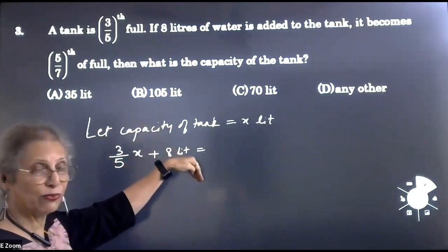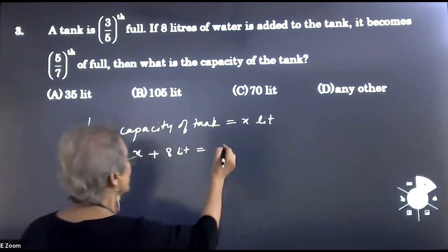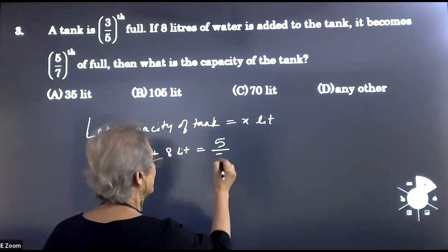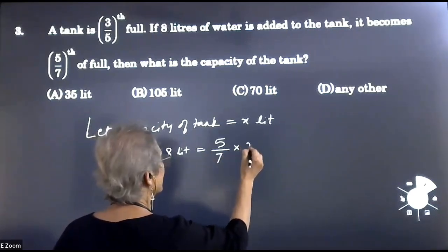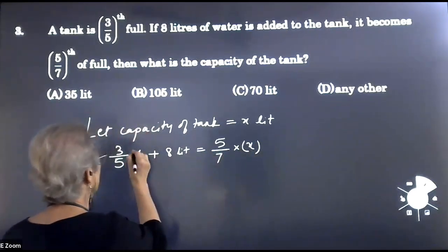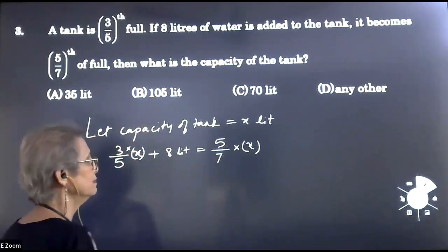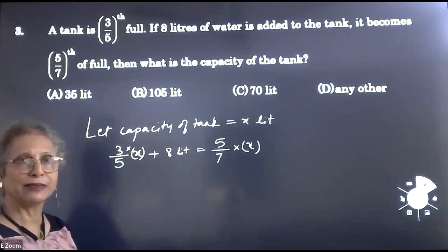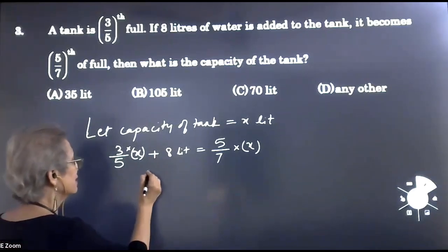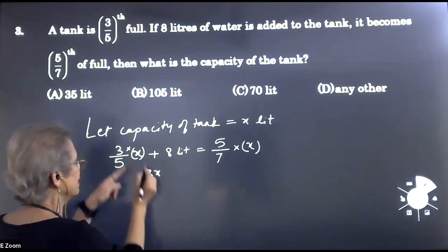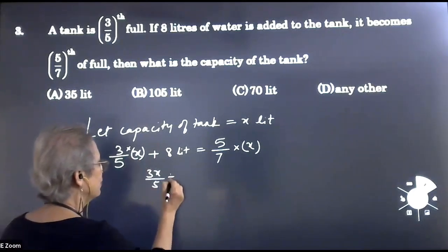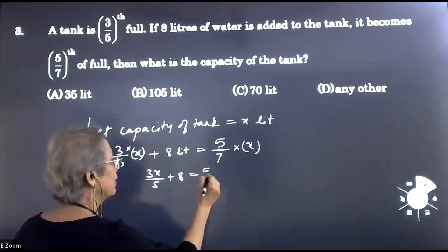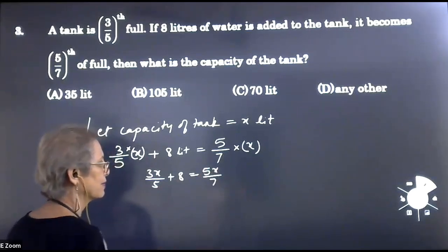We added 8 liters of water. Now it becomes 5/7 of full. This is full. This is full. Okay, now it has become an equation. 3x upon 5 plus 8 is equal to 5x upon 7.